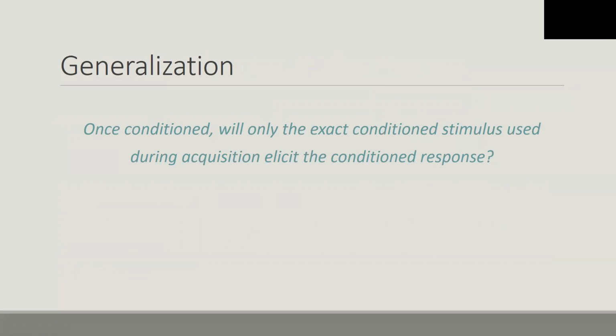Will it only be that exact doorbell chime that makes the dog bark? Or will it only be that exact metronome beat that makes the dog drool? Or will it only be that exact car horn that gives you a feeling of fear when you hear it?